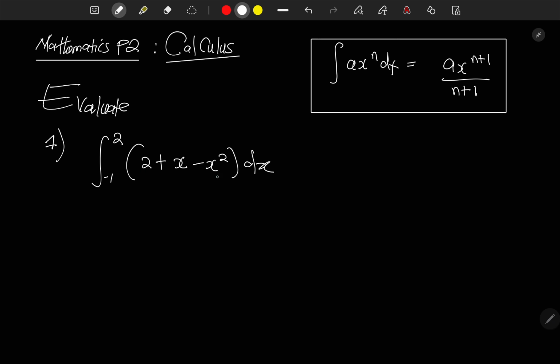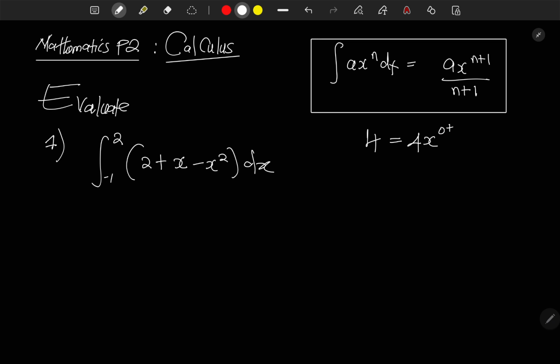We are first going to integrate. Take note that the integral of a constant, any number without a variable, for example 4 dx, is just 4x. Let me explain why. If I write 4, you will agree that it's the same thing as 4x to the power 0, because x to the power 0 is 1, and 1 times 4 is still 4.